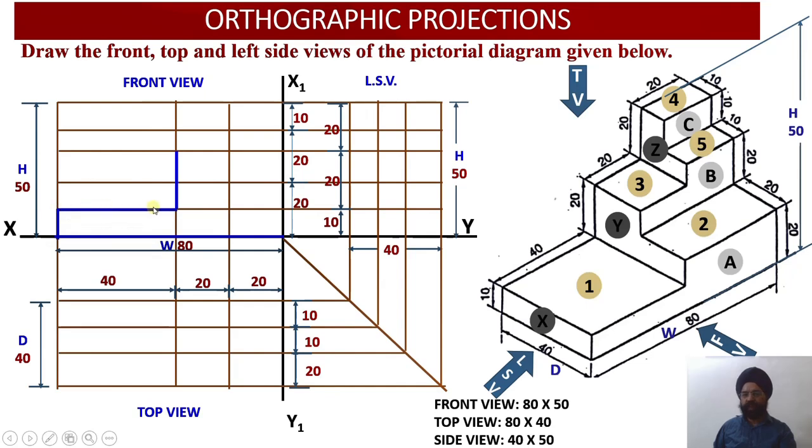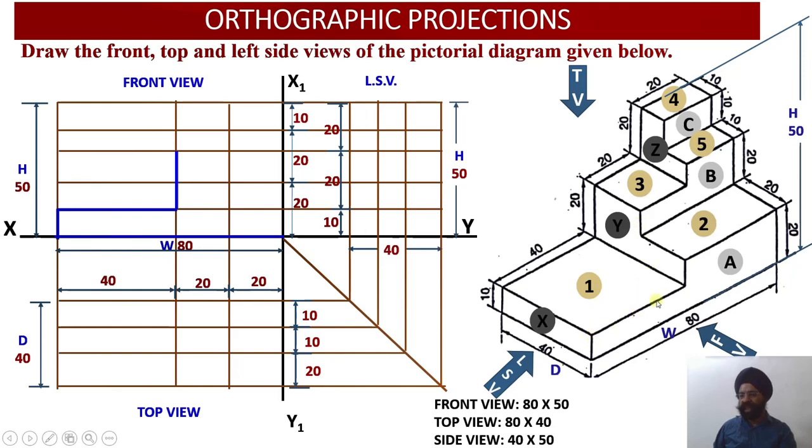Once you reach this point, there is a vertical edge equal to 20 millimeter: 10 millimeter for surface A and 10 millimeter for surface B.